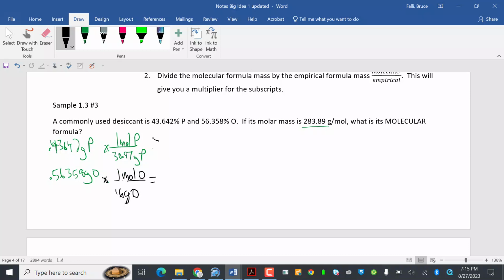And I'll do the math for that. So I have 0.43642 divided by 30.97, and that is 0.01409.